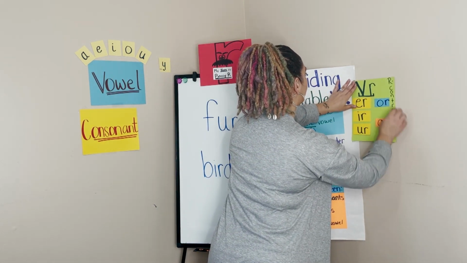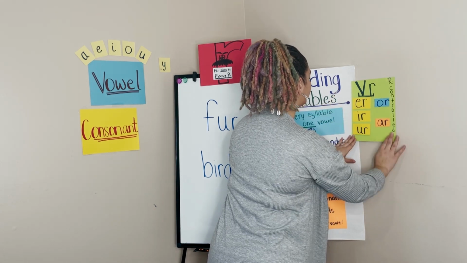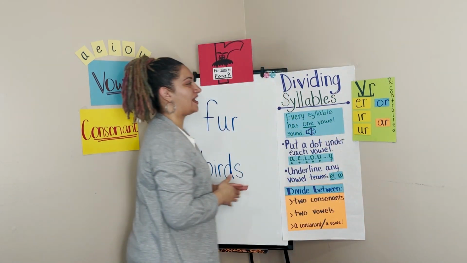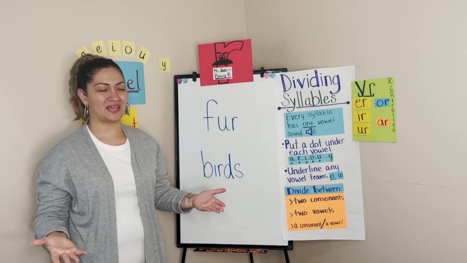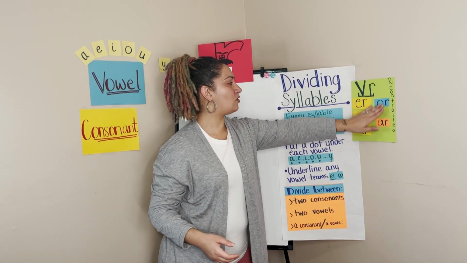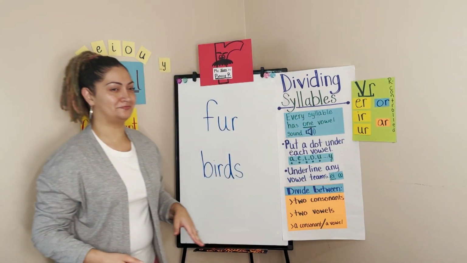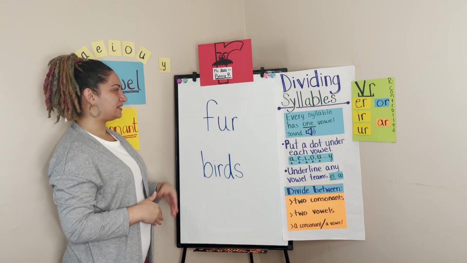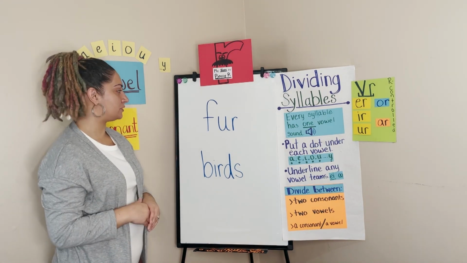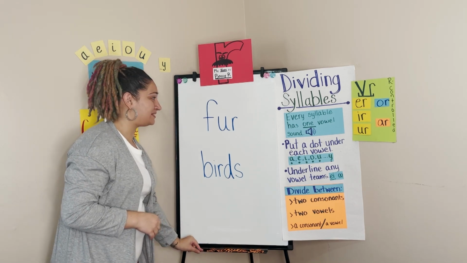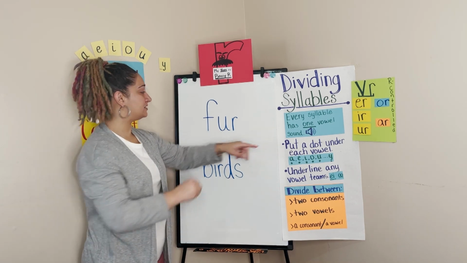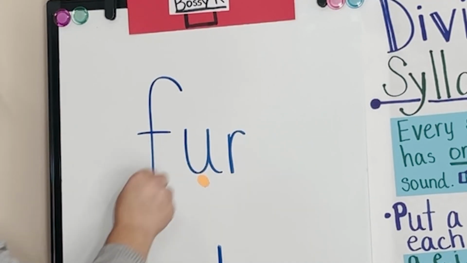So I will leave our poster up here, and as we see vowels that have an R right after it in the word, we know that it's going to make a different sound. I have a couple examples here with some easier words, one-syllable words. So what I'm going to do is the same thing. I'm still going to find the vowels and put a dot under it.